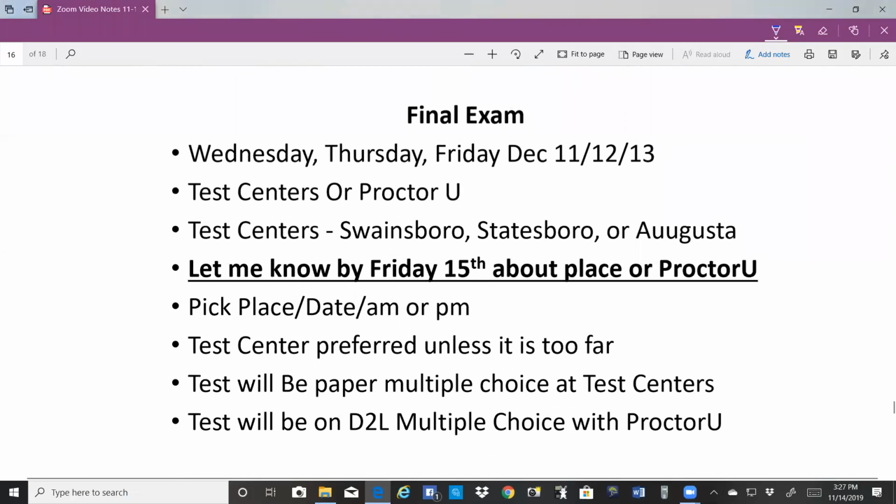Now we're going to talk about the final exam, which will be either Wednesday, Thursday, or Friday, December the 11th, 12th, and 13th. Most of the exams will be given at the test centers, but you will have the option of using ProctorU if you're too far away from a test center.